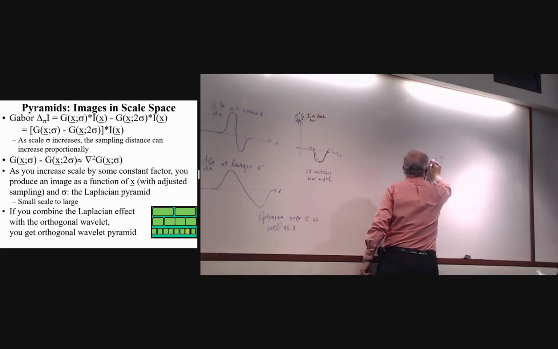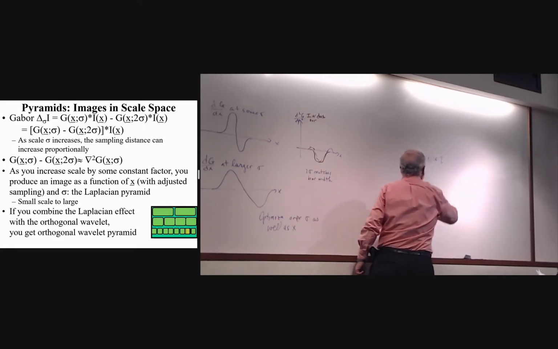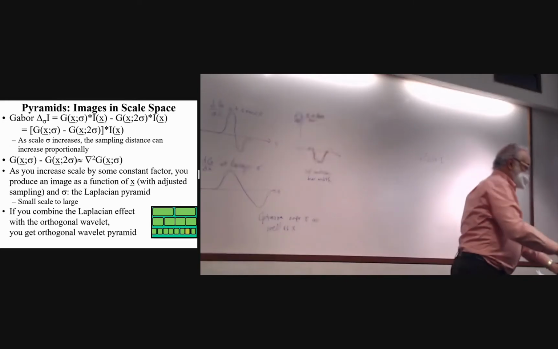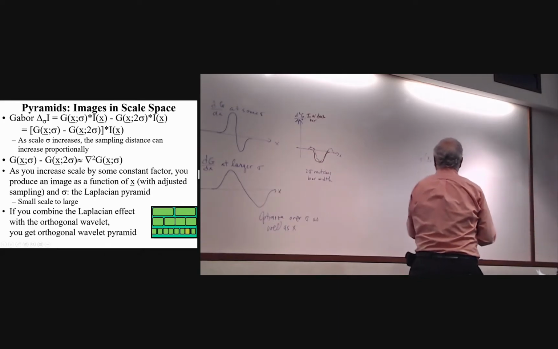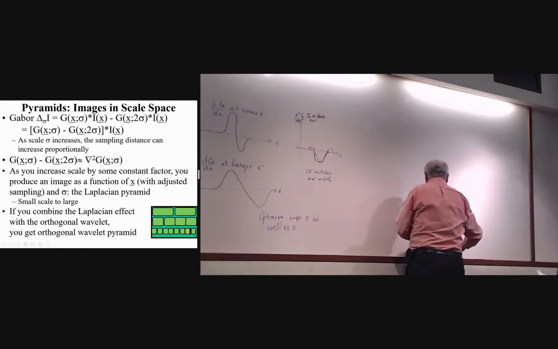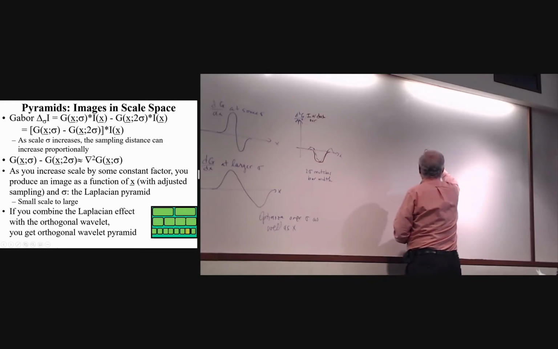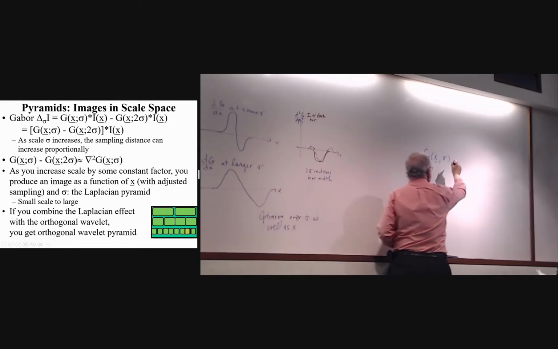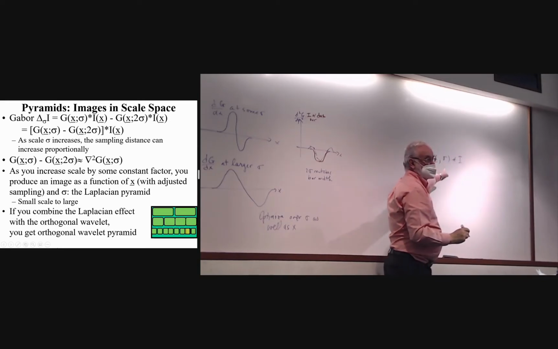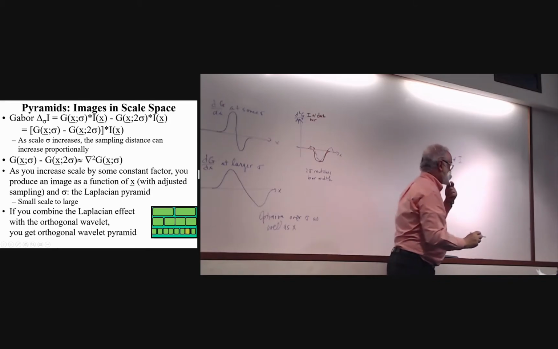The point is that what you're wanting is g of x and sigma, which is going to focus on the sigma, this scale, but you want to not use what's at larger scale.